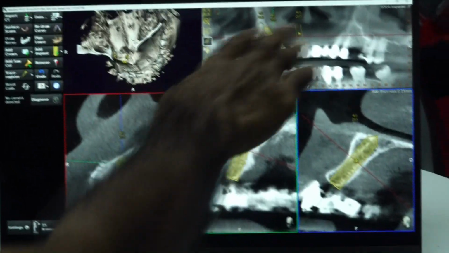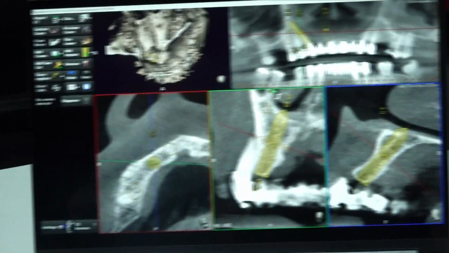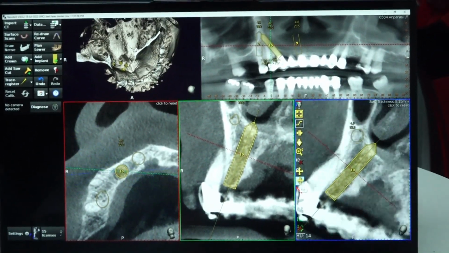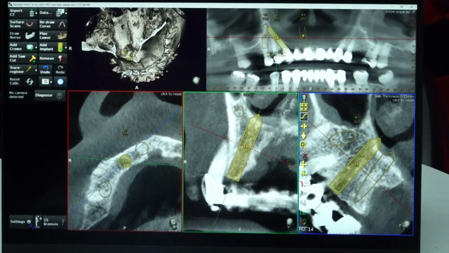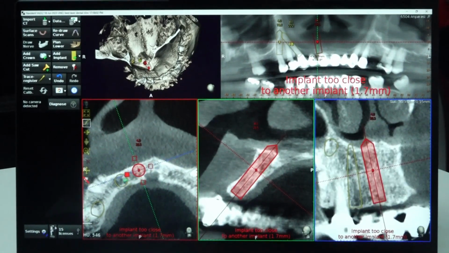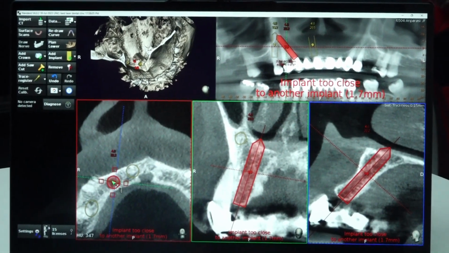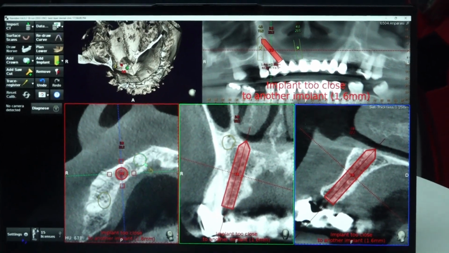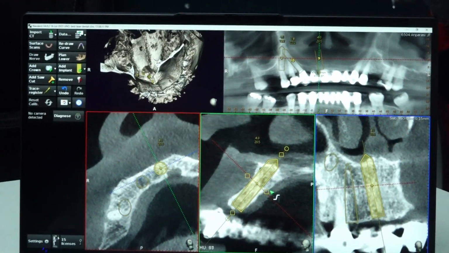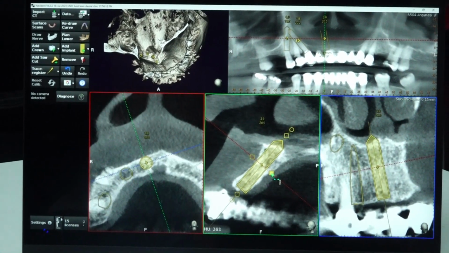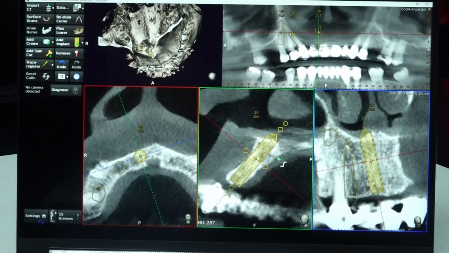See, here it looks deformed, don't worry about this. The bone width is a little bit less, so I am changing it to 3.75.